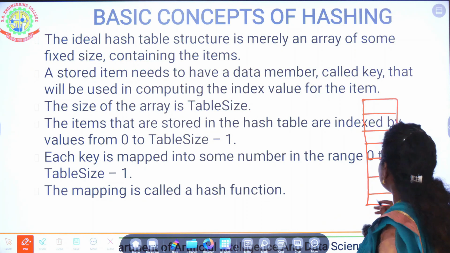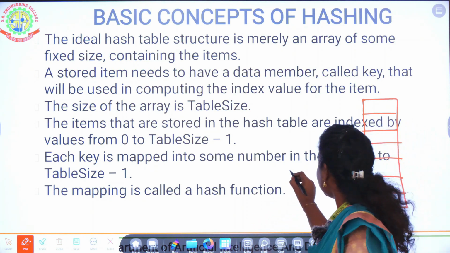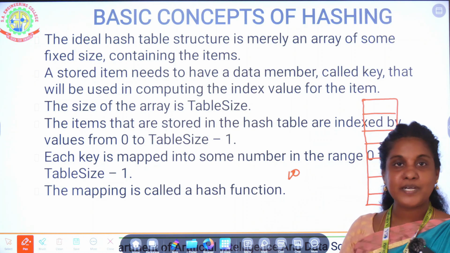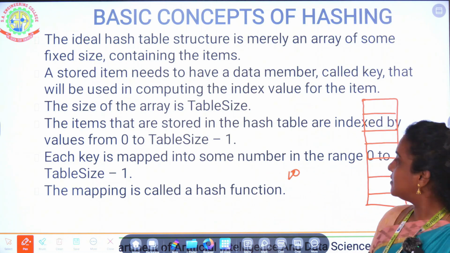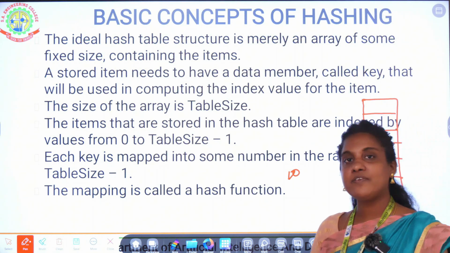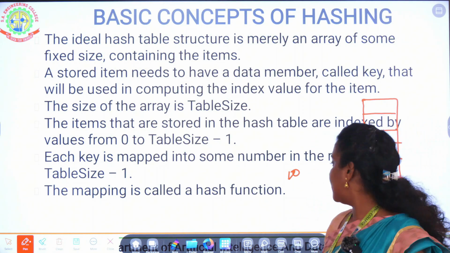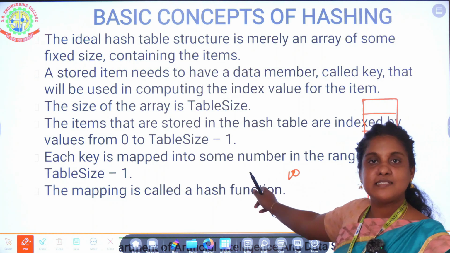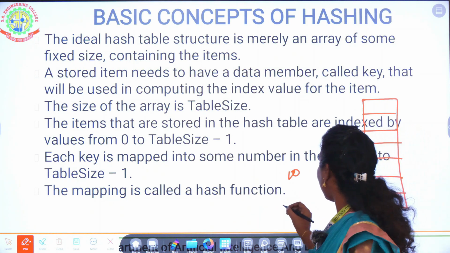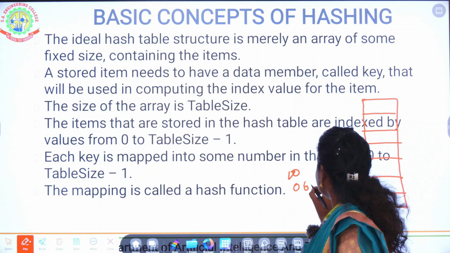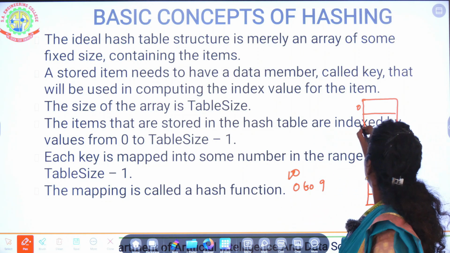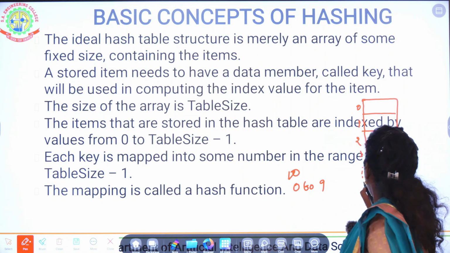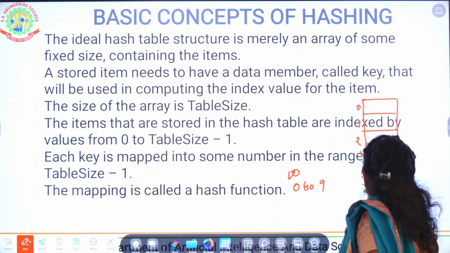If my hash table size is 10, I can accommodate 10 elements in the hash table. Now, how will I refer to the index? Obviously, my table size is 10, so my index value ranges from 0 to 9. So, 0, 1, 2, 3 up to 9.